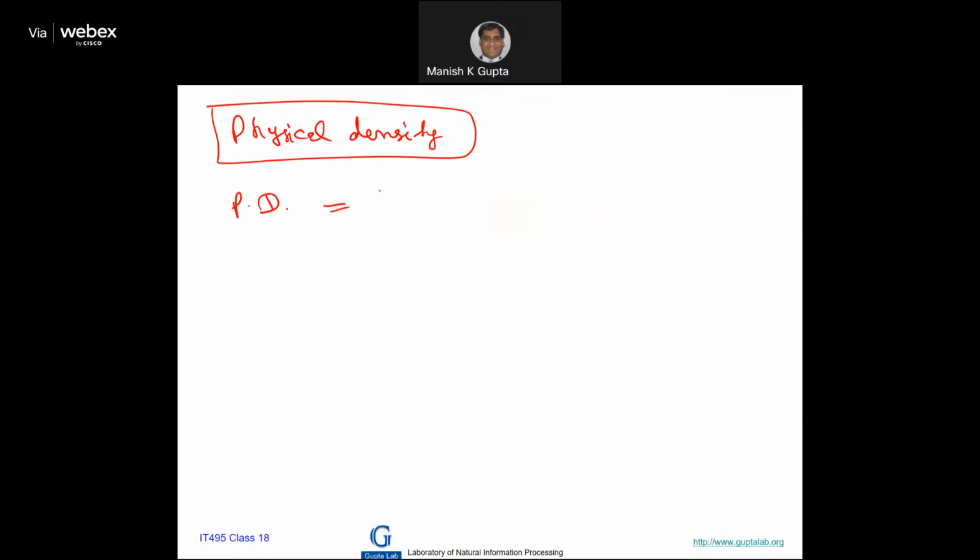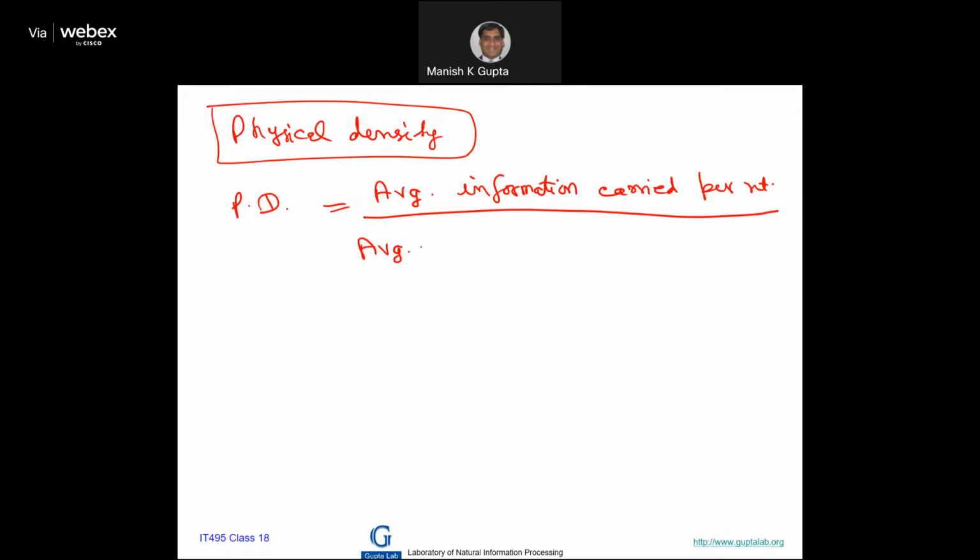Physical density PD is equal to average information carried per nucleotide, divided by average mass per nucleotide multiplied by average copy number, multiplied by 1 plus redundancy percentage. This is the formula for physical density.